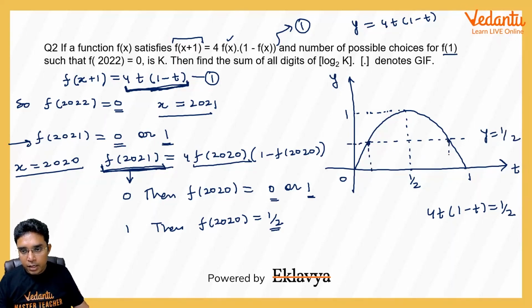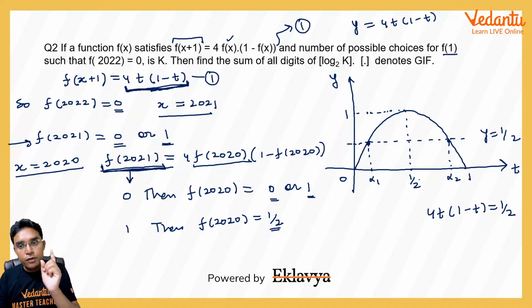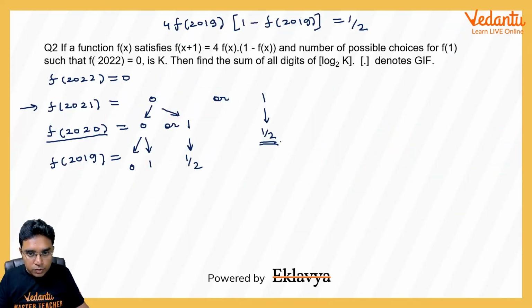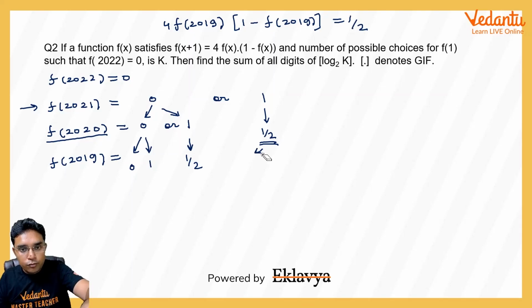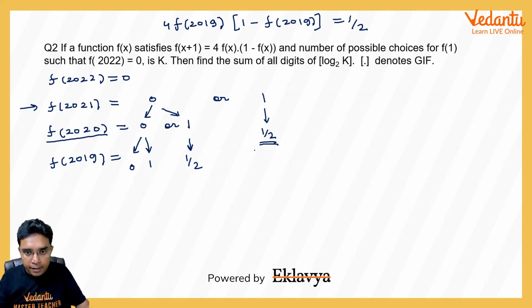You can call these alpha 1 and alpha 2. These values are different from 0, different from half, different from 1. So for 1 by 2 there will be two different values of this f of 2019, and these will be alpha 1 and alpha 2, let us say.